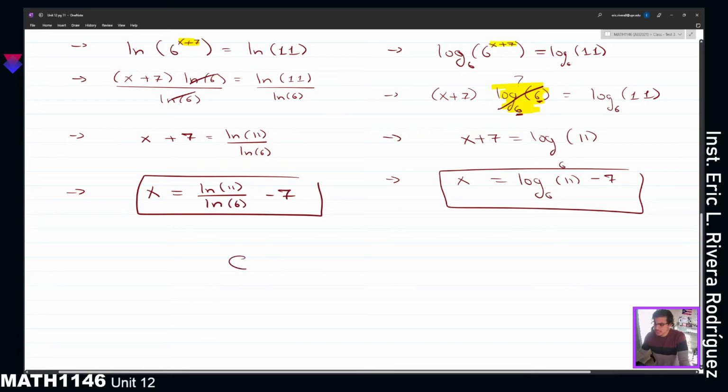Well, there is something called change of base, and we have a formula. So we have log base A of B.